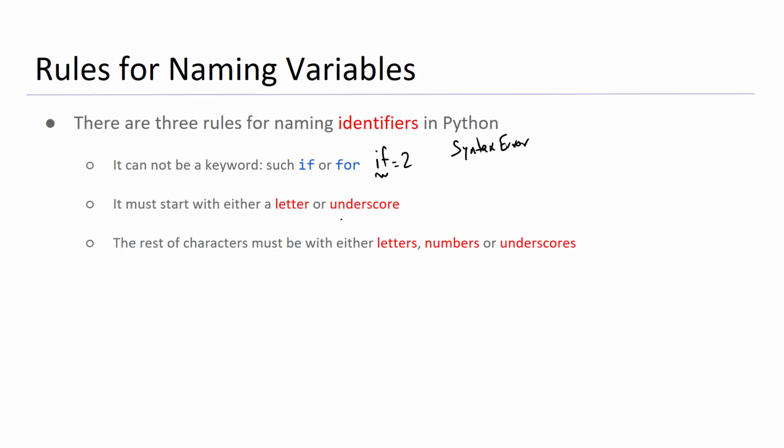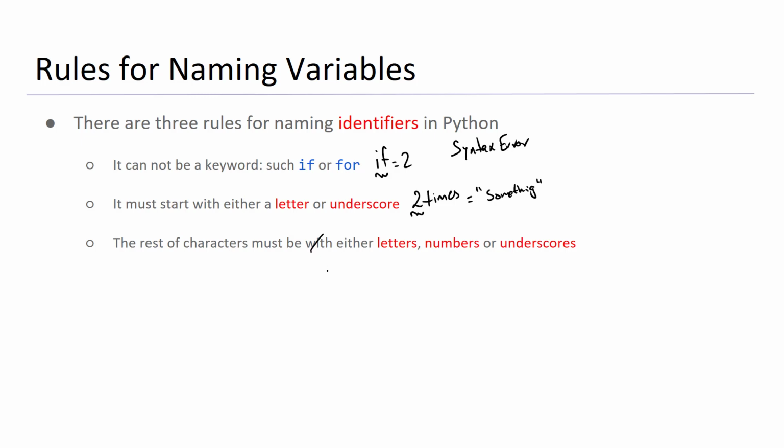The second rule is that your variable has to start with either a letter or an underscore. So if you say 2 times equal something, again Python will complain with a syntax error because 2 cannot be used in the beginning of a variable name. The last rule is that the rest of your characters must be either letters, numbers, or underscores.